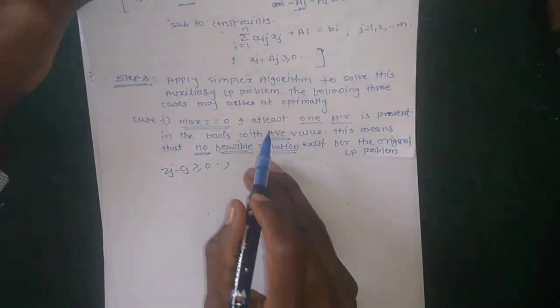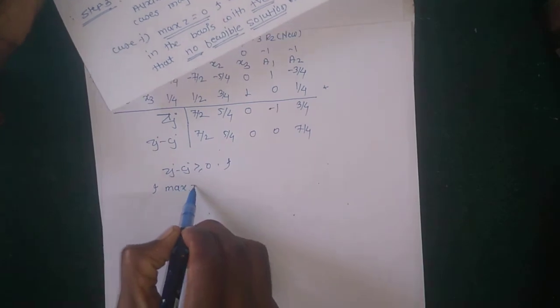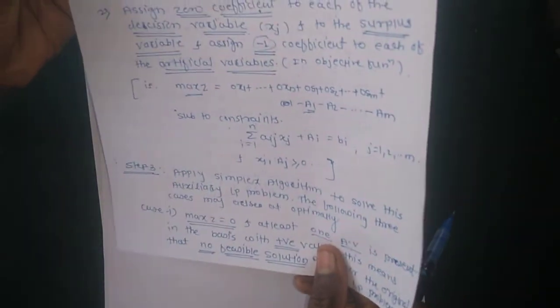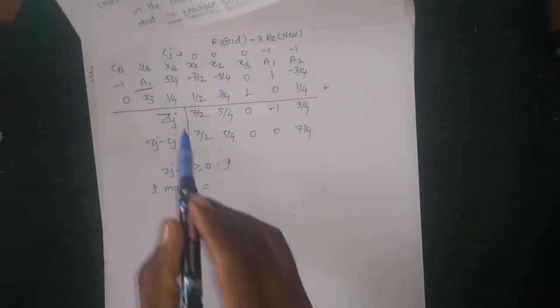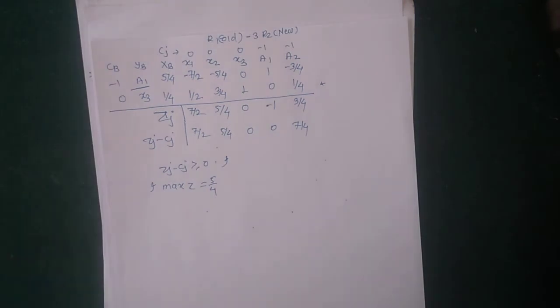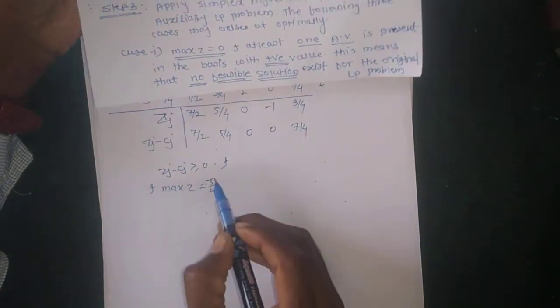Okay, so here for phase first, step third: if maximum Z is equal to 0... here maximum Z for this column is minus 5 by 4.